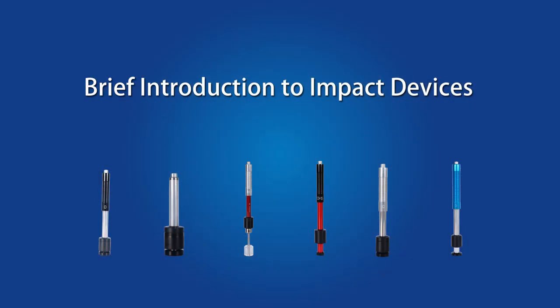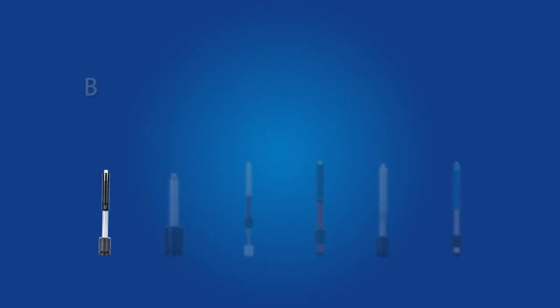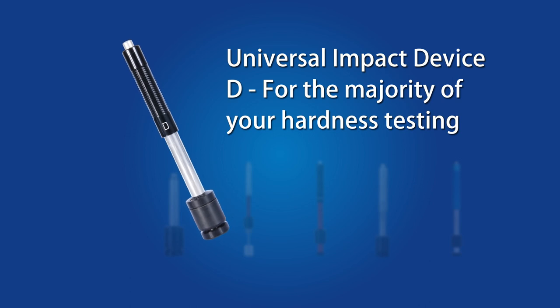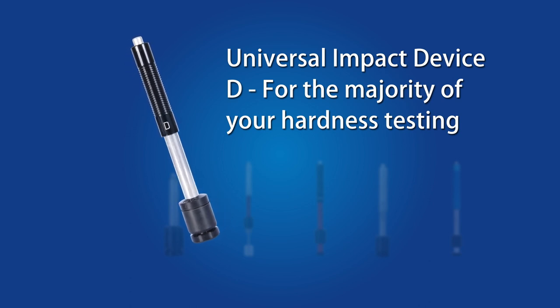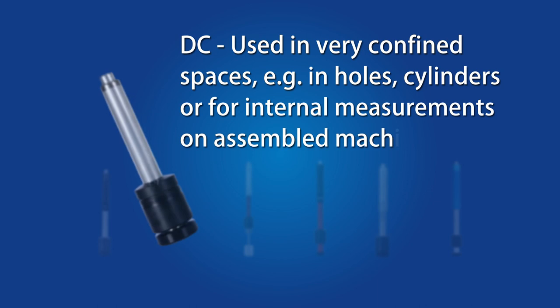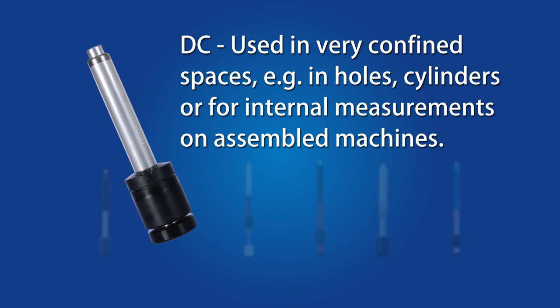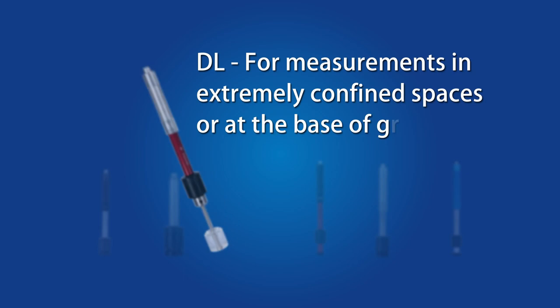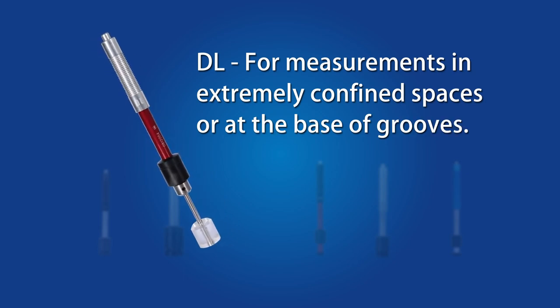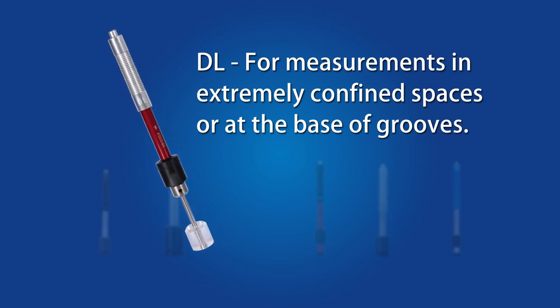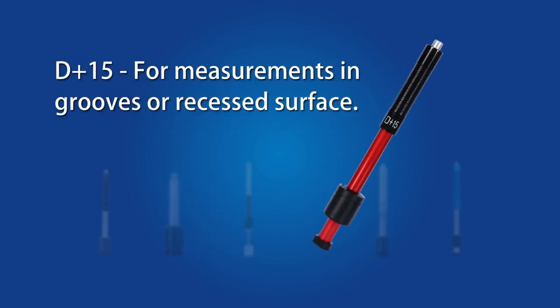Brief introduction to impact devices. Universal impact device D, for the majority of your hardness testing requirements. DC, used in very confined spaces, for example, in holes, cylinders, or for internal measurements or assembled machines. DL, for measurements in extremely confined spaces or at the base of grooves.